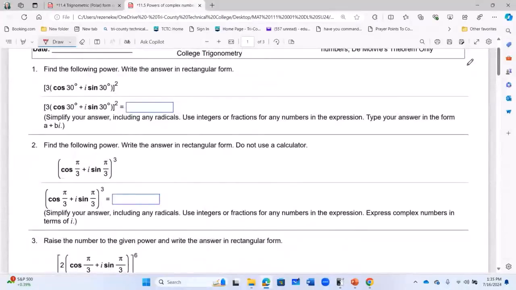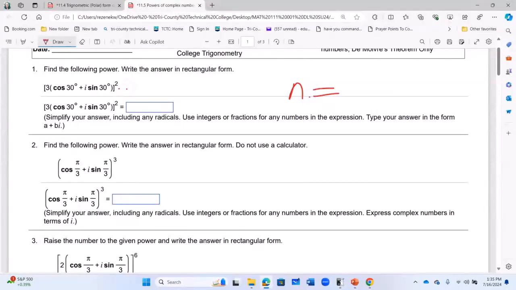So as we do this, we are actually applying powers. But De Moivre's theorem says if I have n, suppose n is equal to whatever the number is.